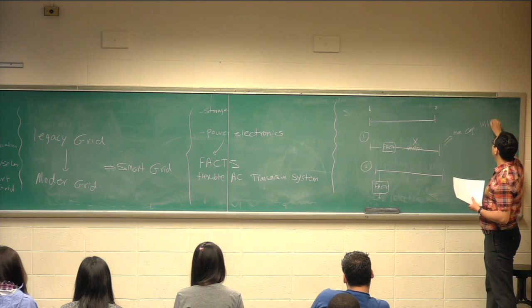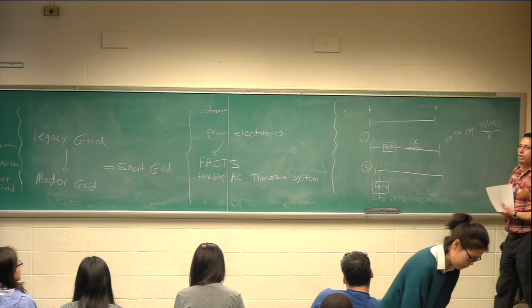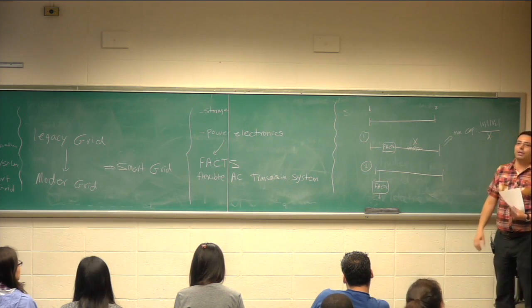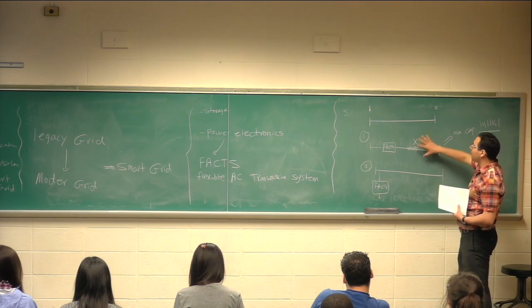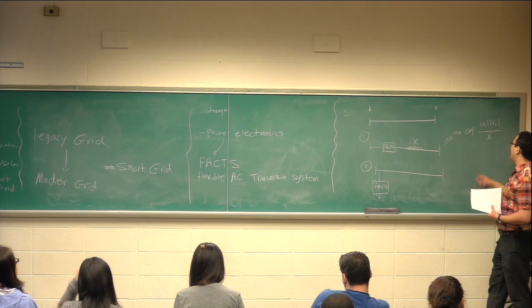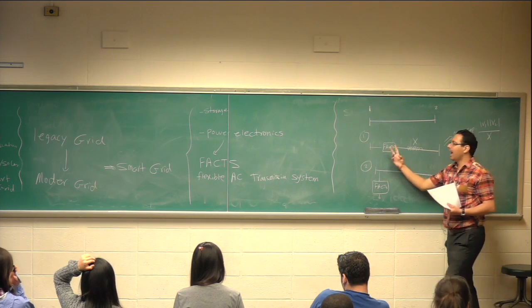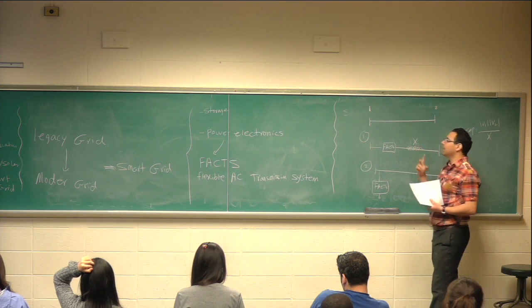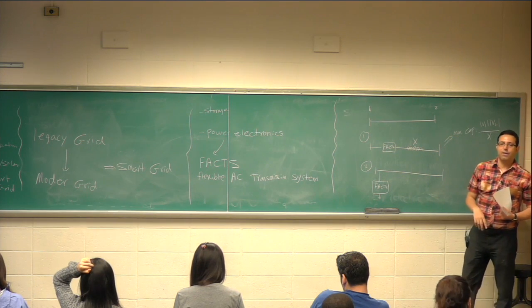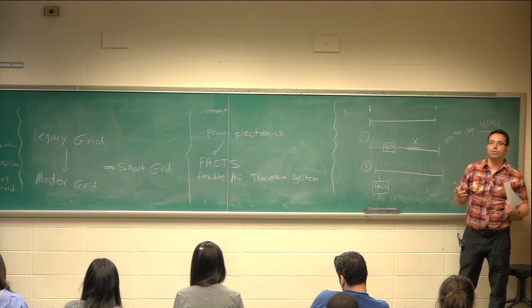V1, V2 over X. So the inductance of a line talks about capacity. If a line is very inductive, I cannot send a lot of power, a lot of electrical power over that. How can I reduce it? That's FACTS. A FACTS device can give us a negative inductance. So a FACTS device gives me a negative inductance, the overall inductance of a line is reduced. So that's the main idea.